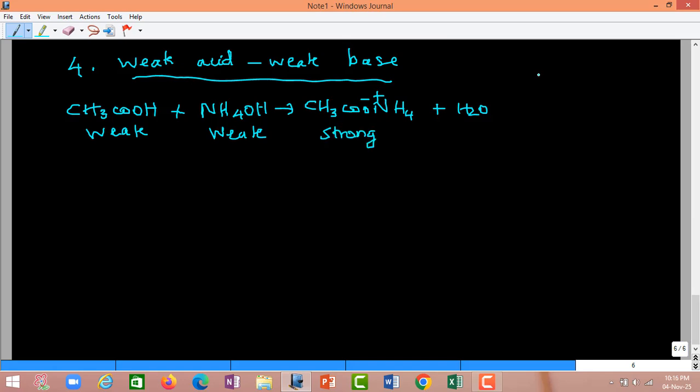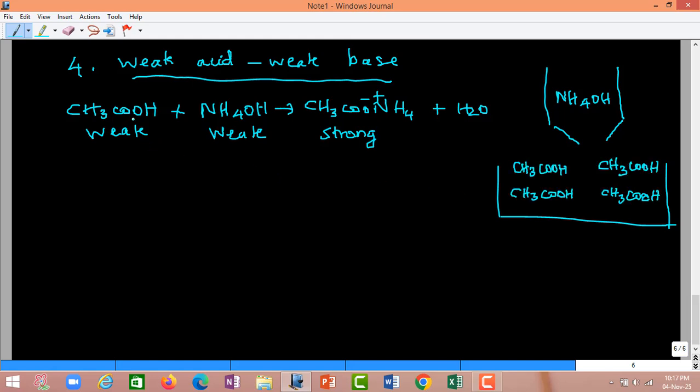Now we will take the illustration in which we will take the weak base ammonium hydroxide in the burette and acetic acid in the beaker. We will just take 4 molecules of acetic acid for example. When you add the first molecule of ammonium hydroxide to acetic acid taken in the beaker, it reacts to form ammonium acetate.